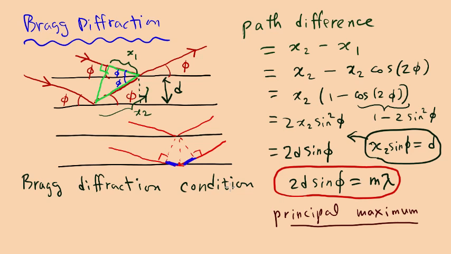Then depending on the size of it, n might not be very big. Maybe you have a nanocrystal where n is only 100, maybe 50 or something like this. That's possible, and you can still do X-ray diffraction on that to solve for the structure.